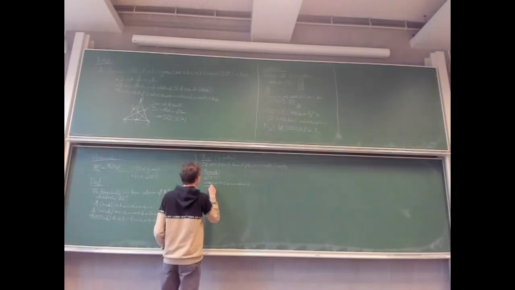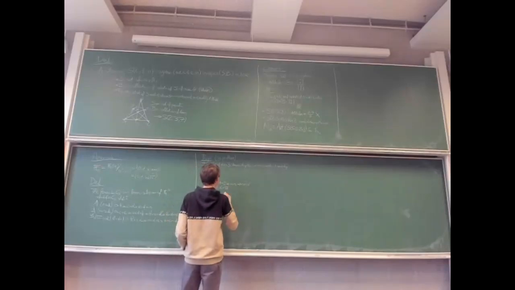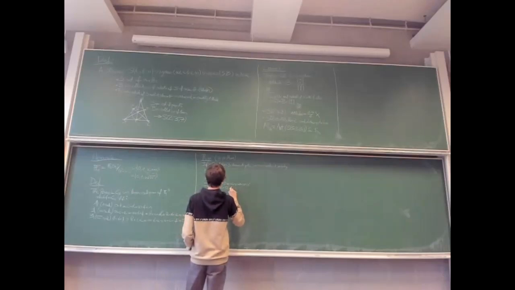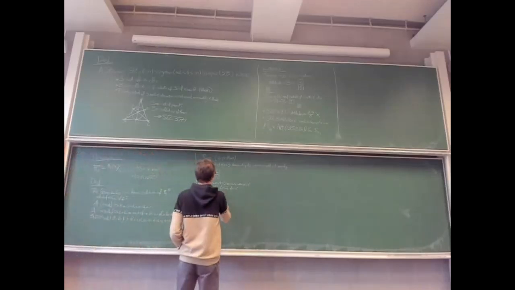And if we do that, then we find that B has to be equal to 0. D has to be equal to omega bar. And F has to be equal to omega, if I'm not mistaken. Yes, exactly.